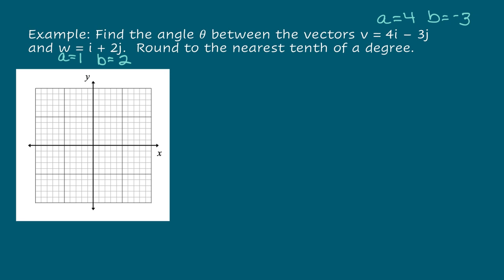So I'm going to plot over 4 and down 3 for vector v. There is my vector v right here.